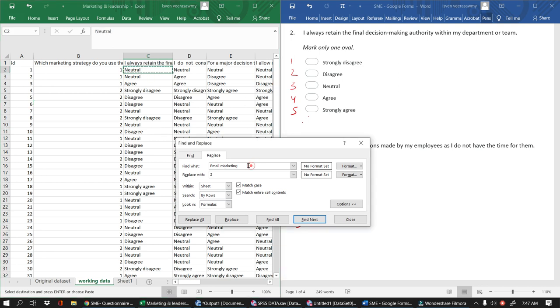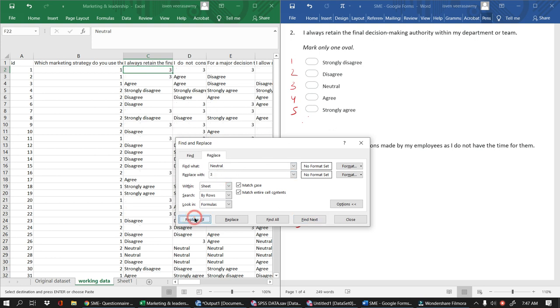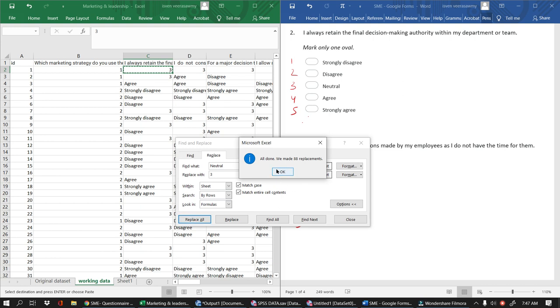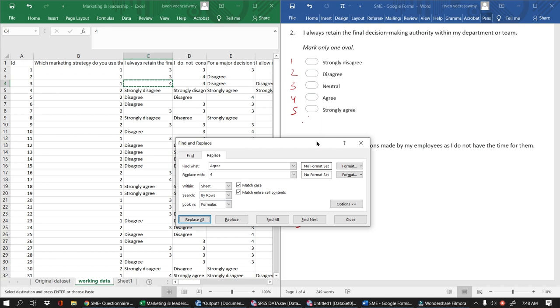So I just take the first one. So neutral was 3. Okay. So you just need to do it for the whole questionnaire. So agree was 4. Replace all. Okay, so you need to do it for your whole questionnaire.